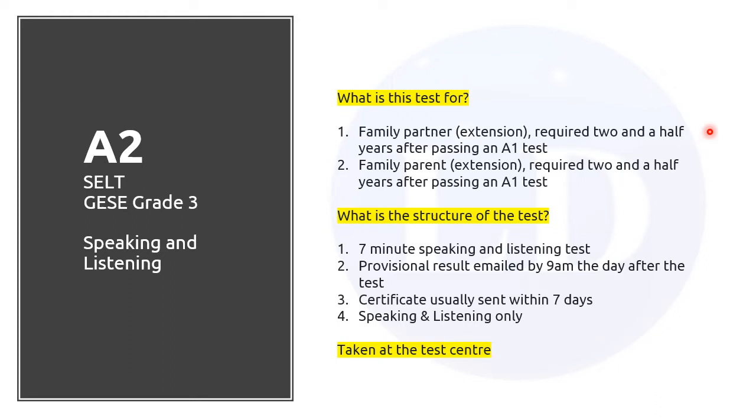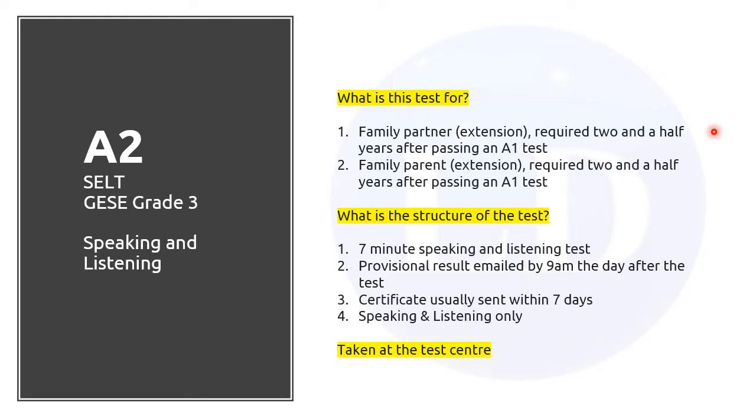So for example, your spouse got the A1 test, he or she applied for the visa, and they will get a 27 months visa. After that, they need a further 27 months or 2.5 years visa before they can apply for ILR. So to extend their spouse visa, they need to now do the A2 test.